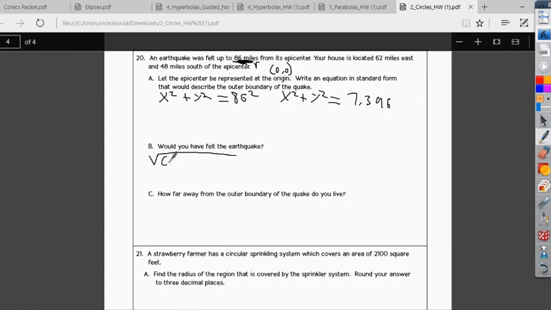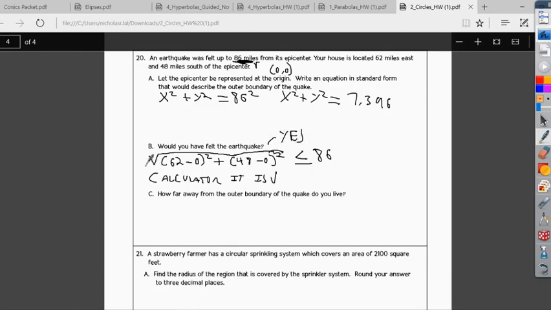So the square root of 62 minus 0 squared plus 48 minus 0 squared. Figure out whether this is less than or equal to 86. Plug this in with your calculator. It is. So that means the answer here is yes.